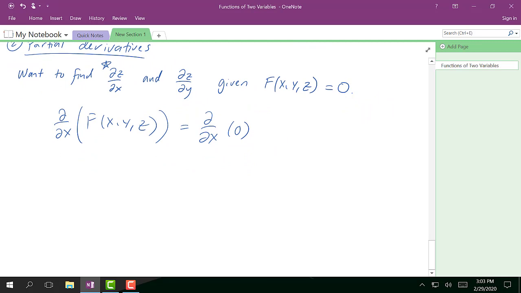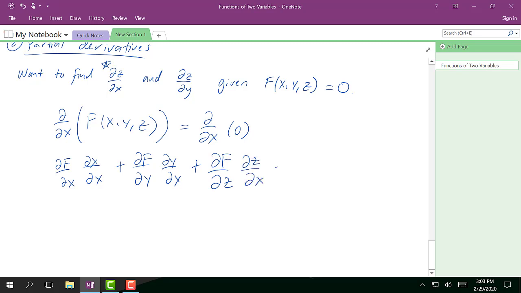So what we get is the partial derivative of f with respect to x, times partial x over partial x, plus the partial derivative of f with respect to y times partial y over partial x, plus the partial derivative of f with respect to z times partial z over partial x, all equal to 0. The partial x over partial x is going to be 1. Sorry, I should maybe do this in a different color. Oh, nice. Okay. This is going to be 1.